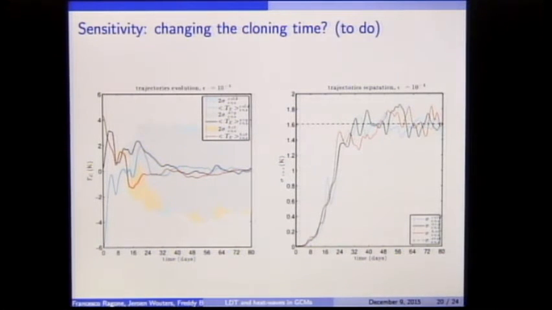So the properties in terms of separation of trajectories between the two systems are completely different. There is no reason to think that the optimality of the autocorrelation time for the Ornstein-Uhlenbeck process should be valid also for my system. I've taken it as a first guess, and luckily it has worked not too badly, but we have to do sensitivity on this, absolutely.